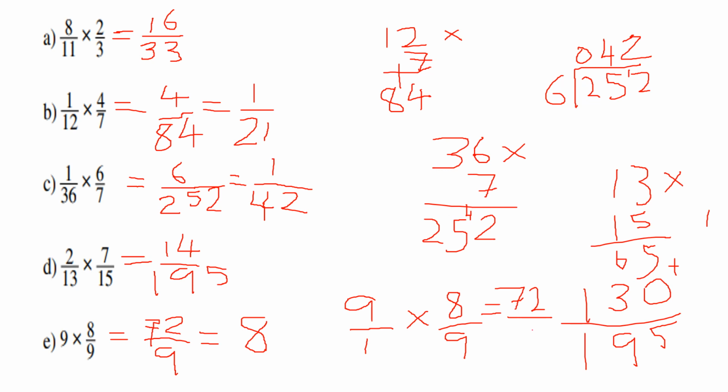So I get 72 over 9, or 72 ninths, which simplifies to the number 8. So that's my answer for part E. Just to be clear, if I'm doing a whole number times a fraction, I do the whole number multiplied by the numerator, but I keep the denominator fixed.